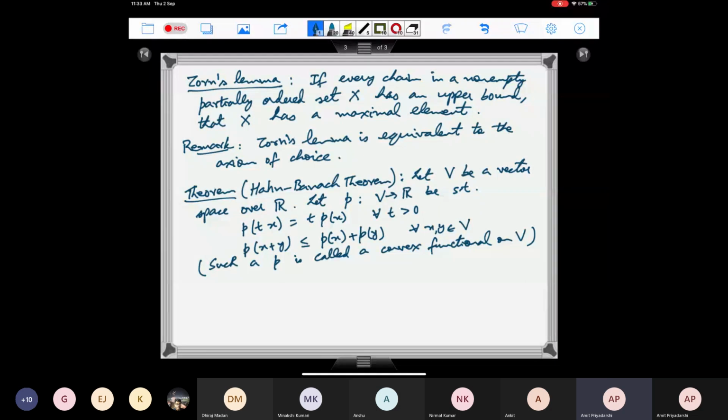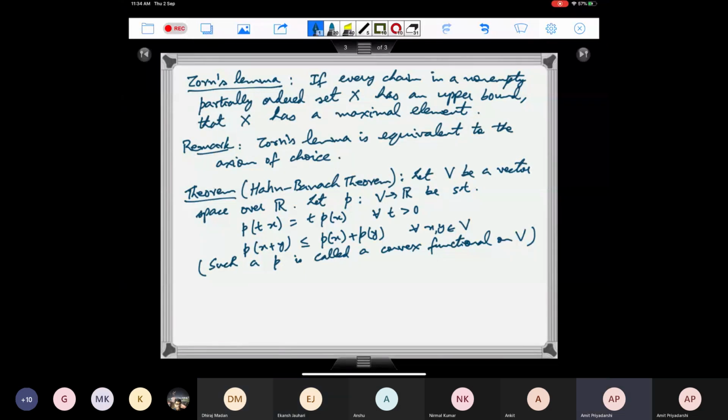Of course you should realize that you have examples of convex functionals. Can you give one example? Any linear functional is also convex. Yes, a linear functional will obviously be a convex functional, because it is additive and homogeneous. Anything else which is not linear? A norm. Yes, very good.